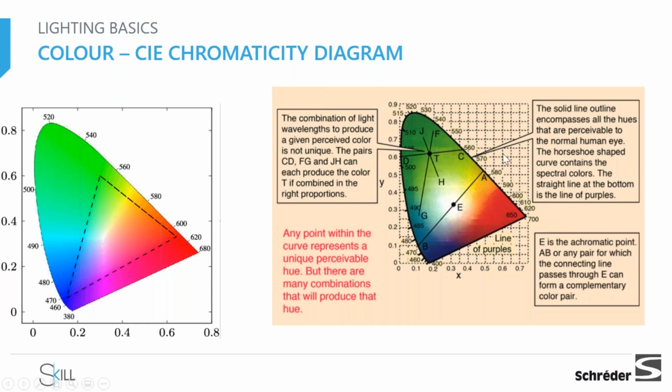So any color in this diagram can be made in many ways. The only exception is the color which is on the edge of the curve, which is a saturated color, because it is only one color and it's not mixed between any other colors.